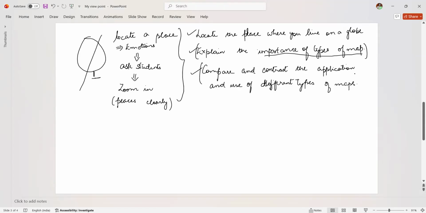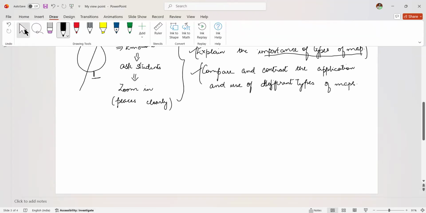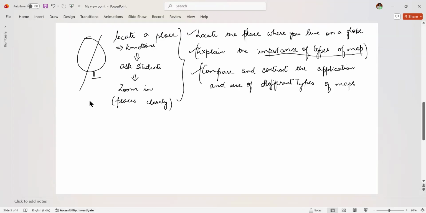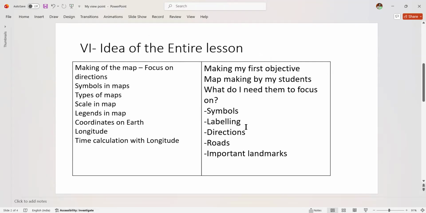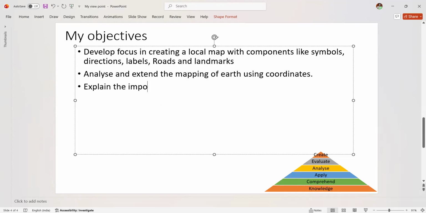So today's objectives are, so we have come across two. The third one is explain the importance of the types of maps.